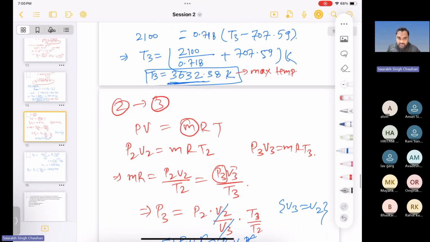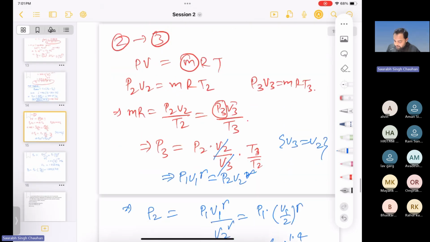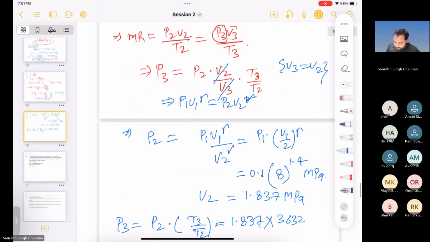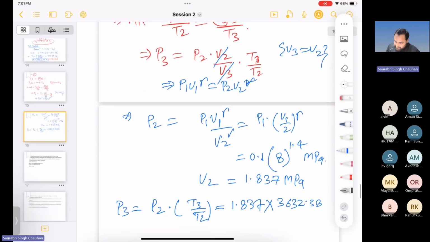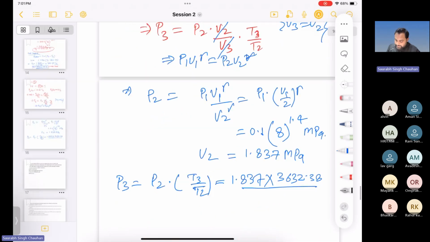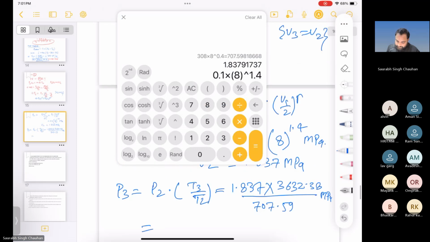I think it was correct. You already cross-checked it, right? So we will use this value. 3632.38 divided by T2. How much was T2? 707.59 megapascal. And we can calculate this value.